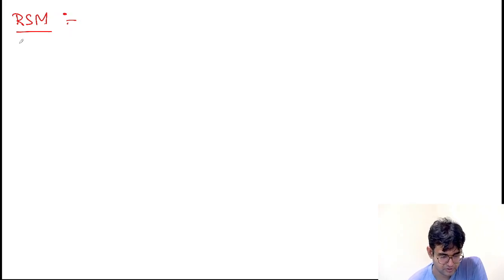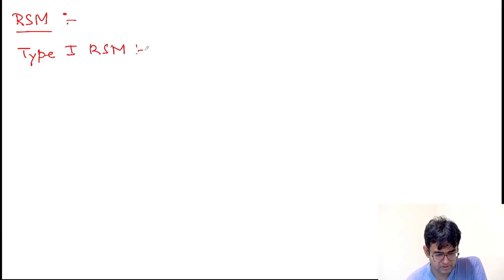Now, response surface method, right? This was generic. In RSM, there are 4 types of response surface method or model. The first one is type 1 RSM. What is type 1 RSM?